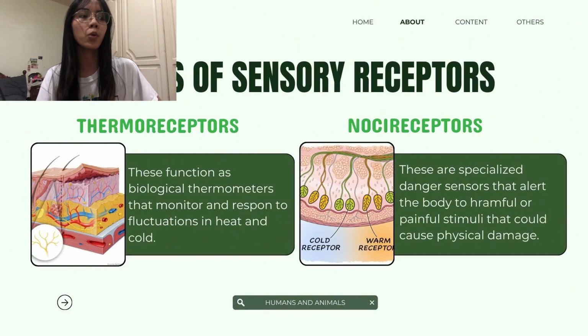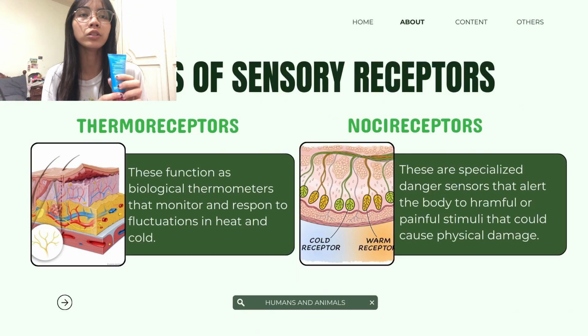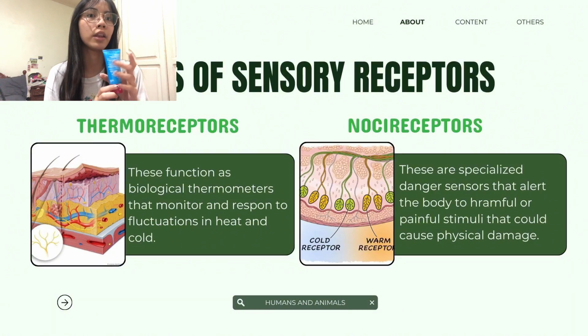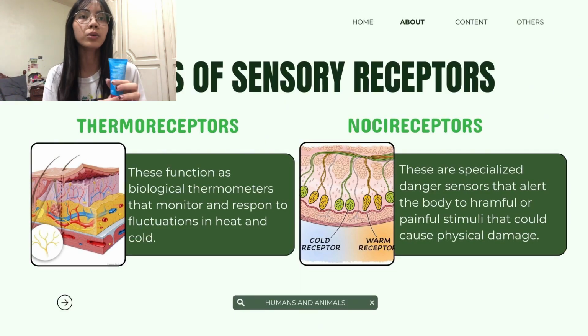So for example, when you touch a cup of coffee, for example, this is a cup of coffee. When you touch it, you have receptors in your skin, right? So those stimuli are then detected by the receptors, and those signals travel to your central nervous system, and then up to the brain.